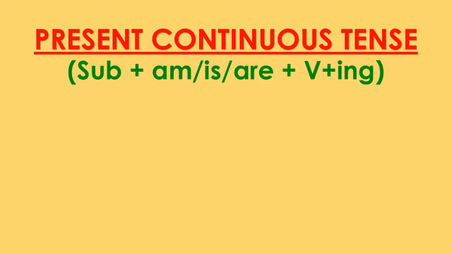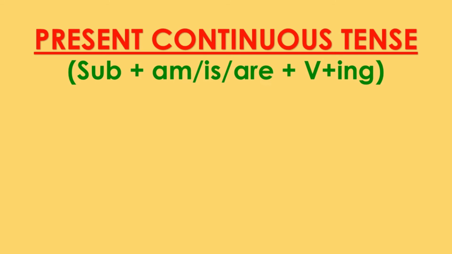What are they? They are am, is, are in the present tense and was and were in the past tense. Now as we are dealing with present tense only, we have to use either am or is or are after the subject, and it will be followed by the ing form of the verb.